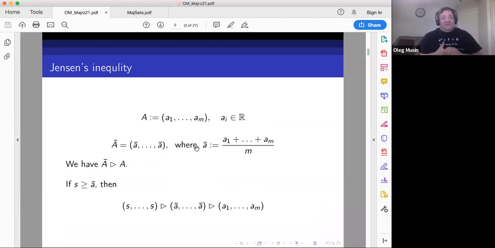Let us consider the first example, which is very old, namely the Jensen inequality. Jensen inequality says the following. Let us consider the mean value for a given sequence A, denoted by A bar, and let capital A bar be the sequence consisting of the mean value.